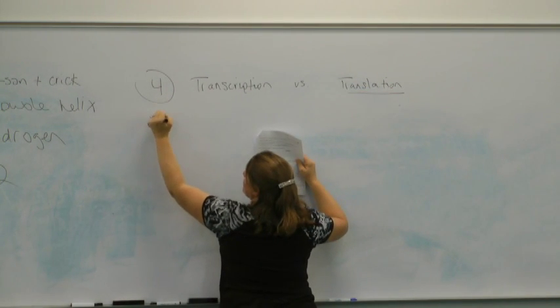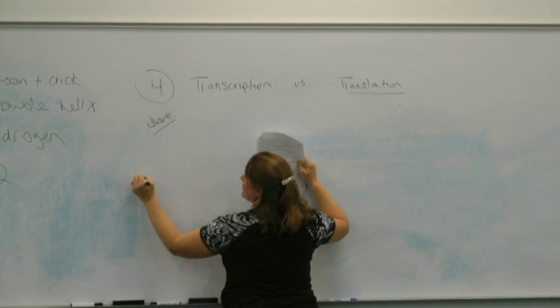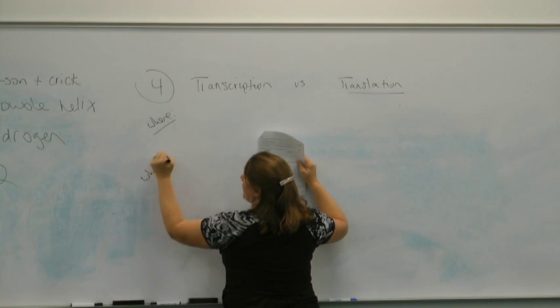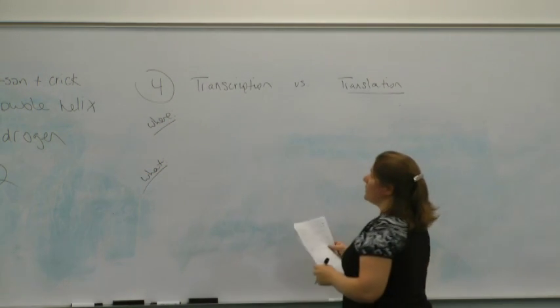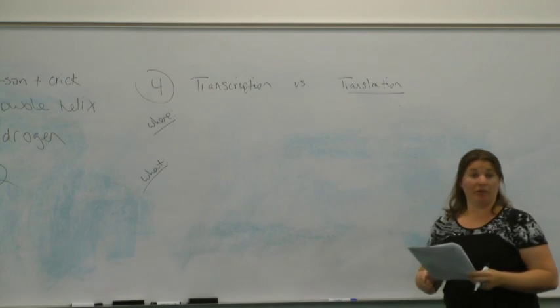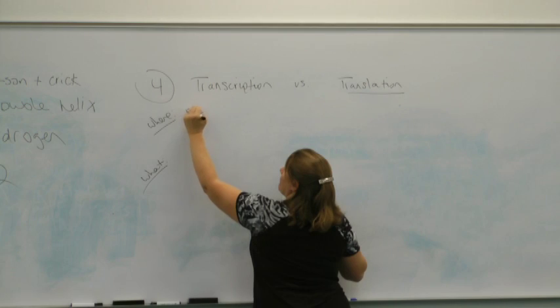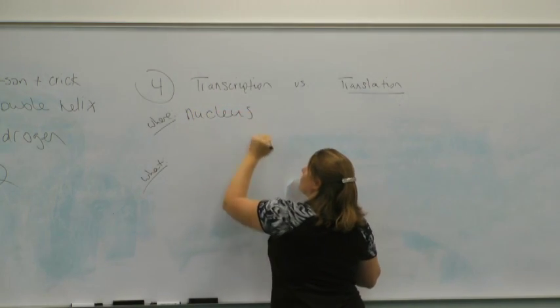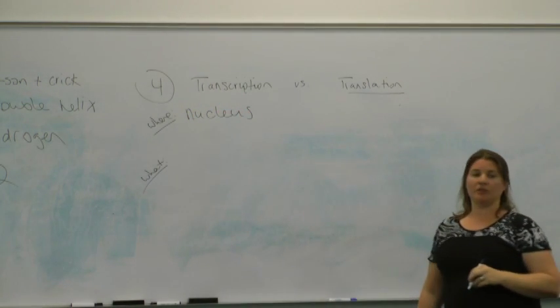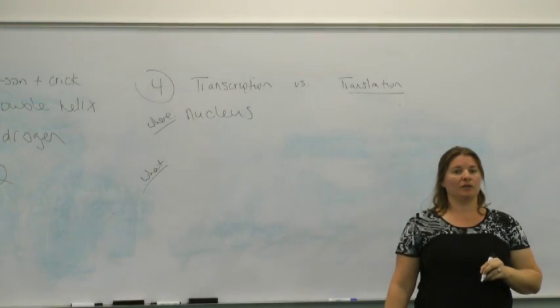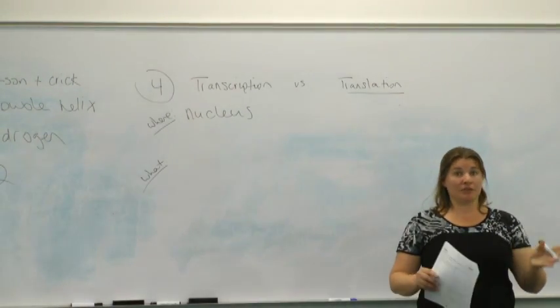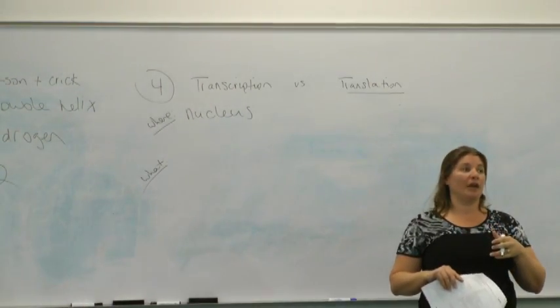Okay, so where does it happen and what happens? All right. So where does transcription happen? In the nucleus. And what happens there in the nucleus during transcription? DNA is transcribed into RNA. Okay, yeah, so DNA is transcribed into RNA.